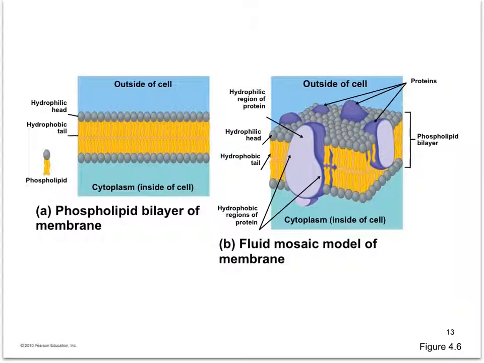Now, this picture is showing you what I've been drawing. That's outside the cell, inside the cell, and you can see the two layers. There's the head, there's the head, there's the tail, that's the tail. So there's two layers, bilayer. Now we're looking at the fluid mosaic model, and it looks like a mosaic, a tile, if you're looking at it from the outside.